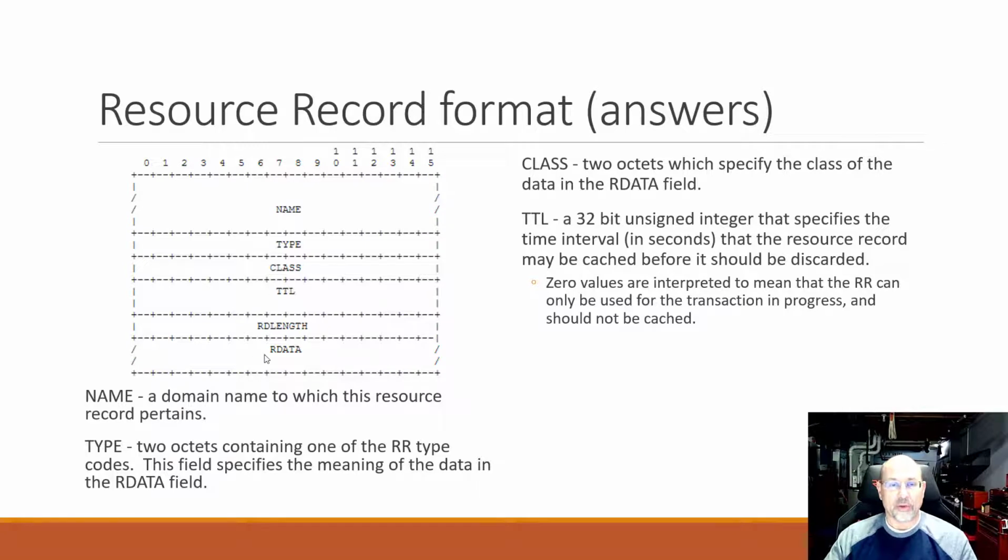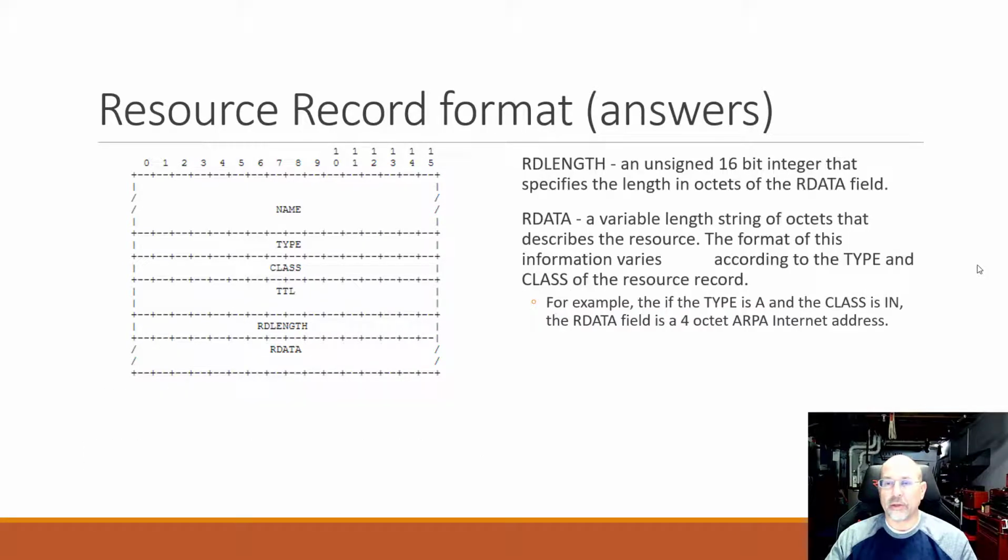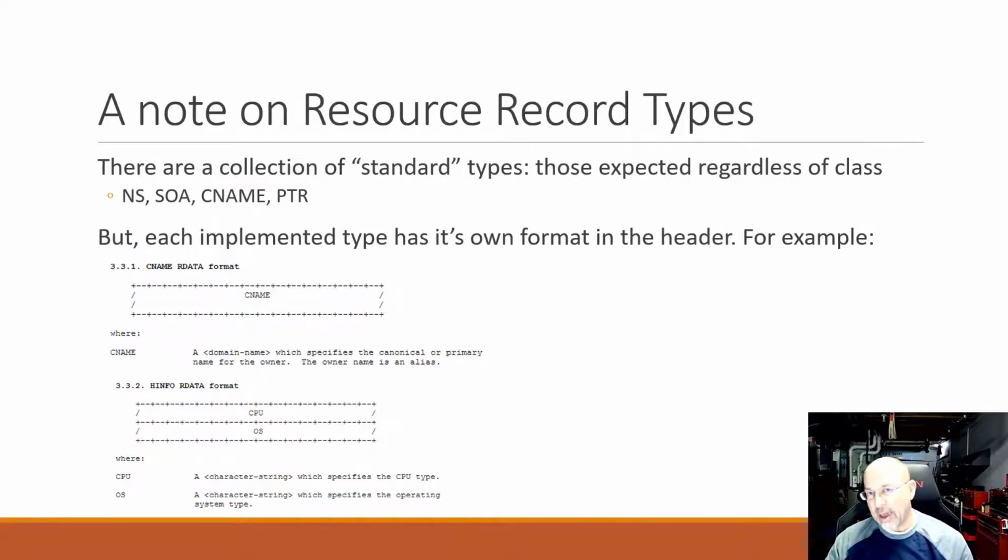Now we can see there's a couple of other details down here. How big is the information, or how big is the field for the information, and then here's the actual information that you asked for. Here's the actual answer to your question. Now resource records have different types associated with them, as we know, right? So we got name servers, start of authority, CNAMEs, pointers, A records, there's a whole bunch of them.